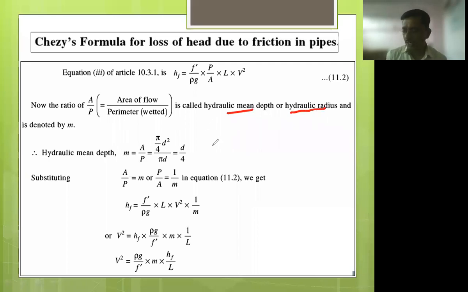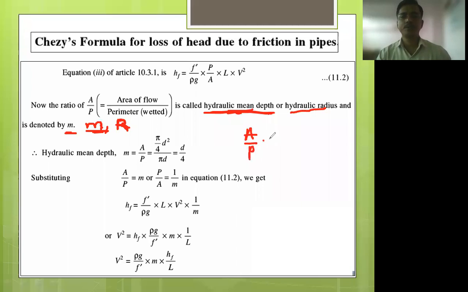Some authors use the letter M to denote this hydraulic mean depth or hydraulic radius, and some authors use the letter R. In some books you will see the letter R, in some books you will see M, which shows these terms for this particular word, hydraulic mean depth or hydraulic radius.